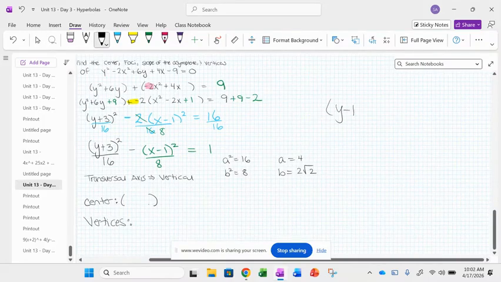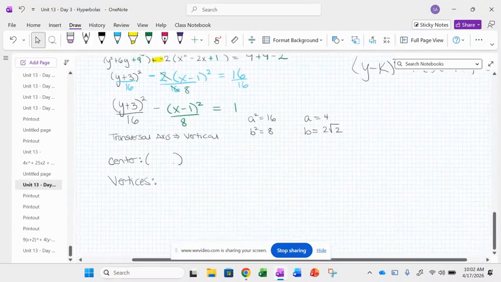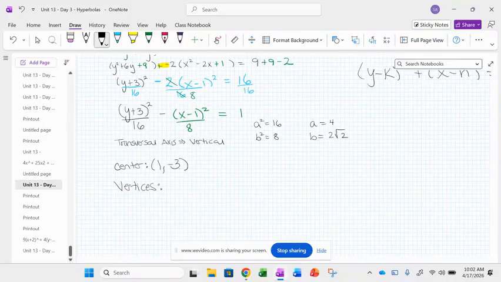Sorry, this is in the format of y minus k squared plus x minus h squared equals 1. Because the y is first, our k is first. So this is going to be 1 comma negative 3. Great catch. Okay. What should I find that will help me identify the vertices?